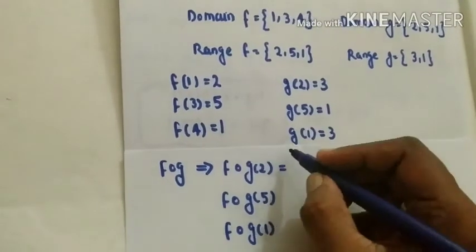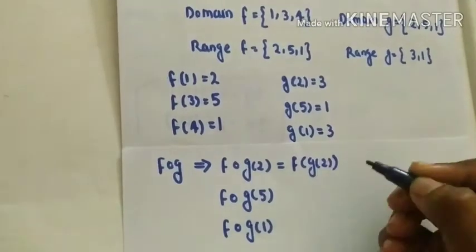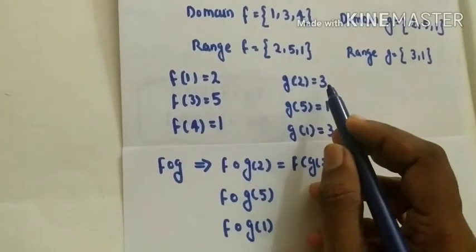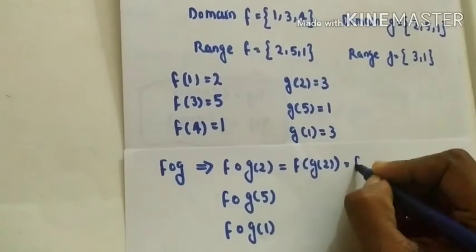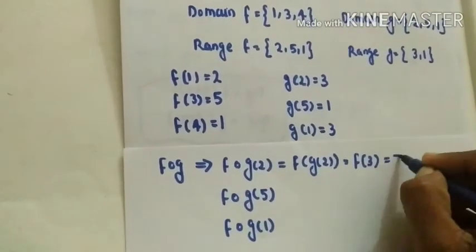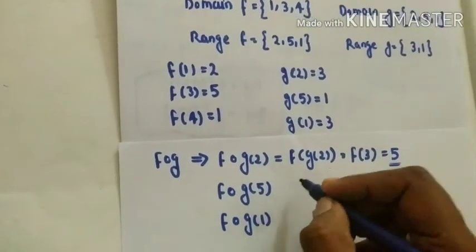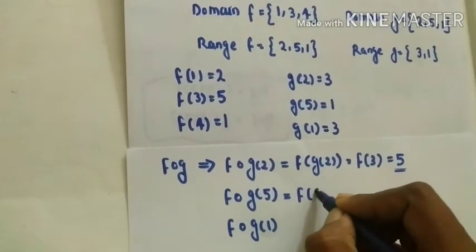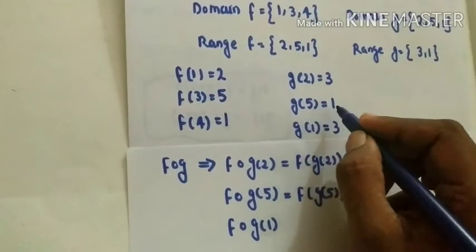we know that f of g of 2 equals f of g of 2, and here we can see that the value of g of 2 is 3. So we substitute here, we get f of 3, which further gives us f of 3 equal to 5. Okay. Next, f of g of 5, and here the value of g of 5 is 1.